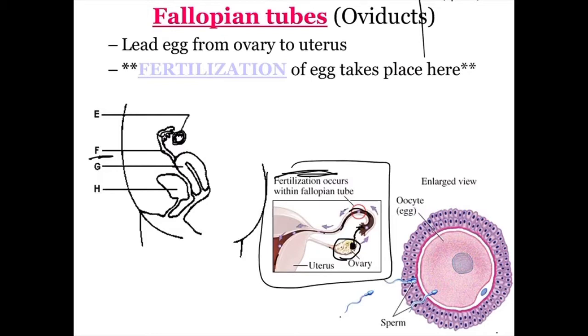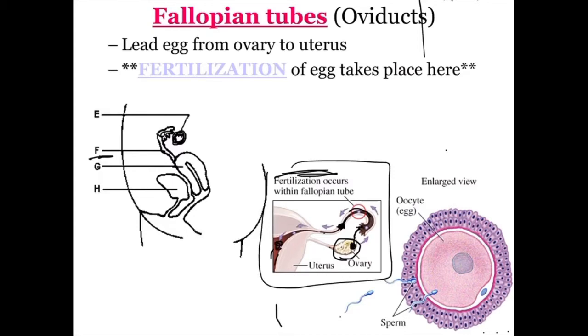If there is sperm present, which means it has already made its way up through the vagina, cervix, and uterus into the fallopian tube, then that is where fertilization takes place. By the time an egg gets into the uterus after ovulation, it's already no longer viable. It can't be fertilized any longer.